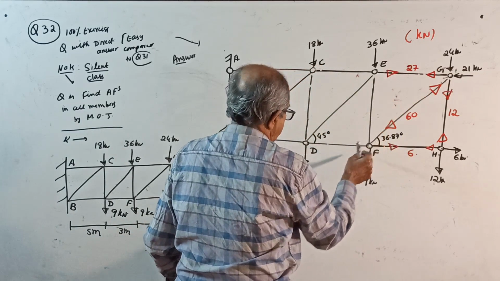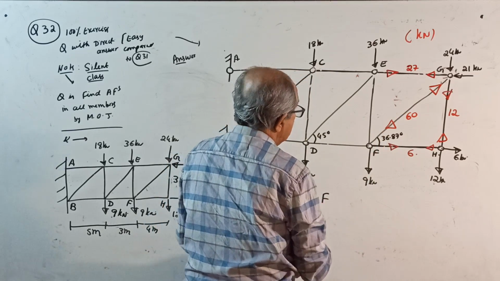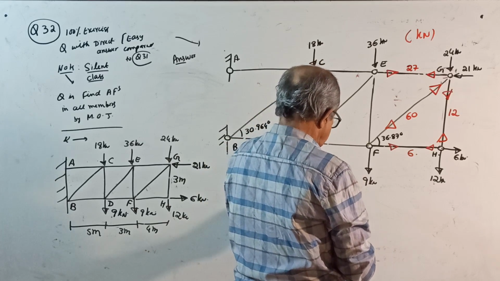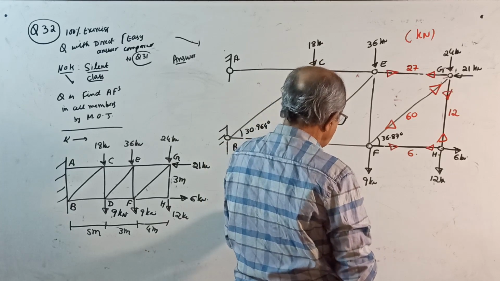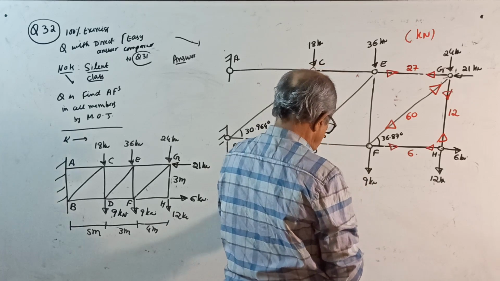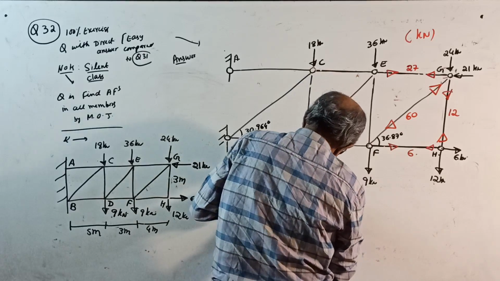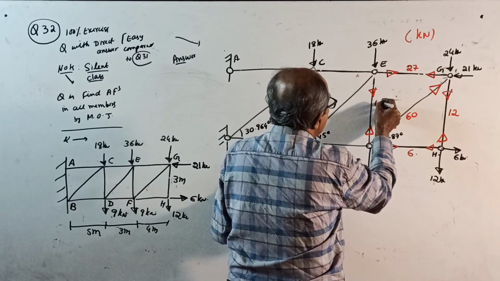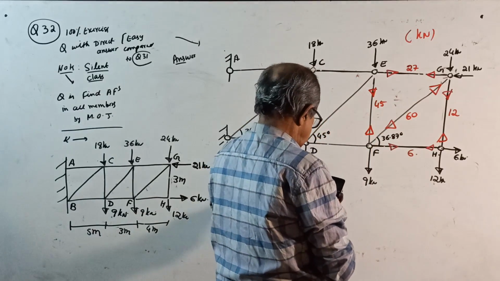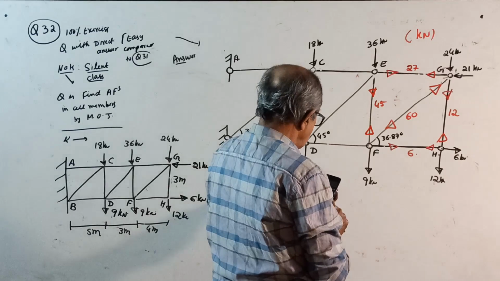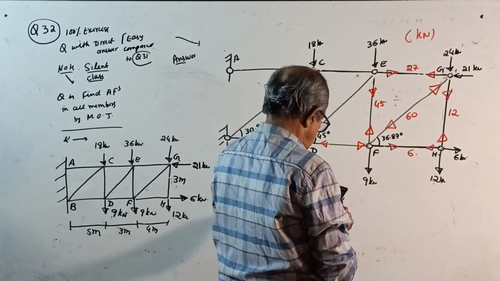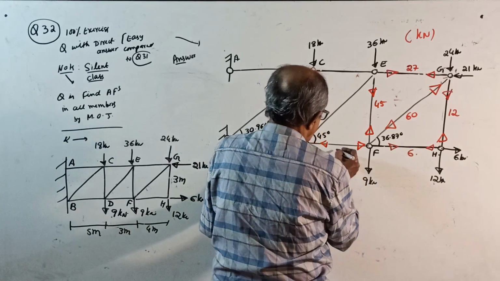G go to F. 60 into 0.6 is 36 plus 9, 45. 50 into 0.8 is 48, minus 6 is 42.